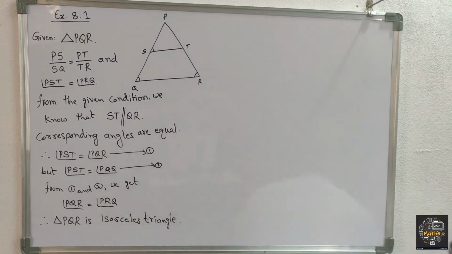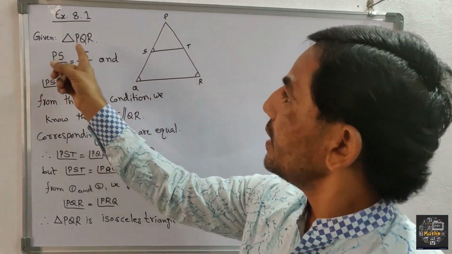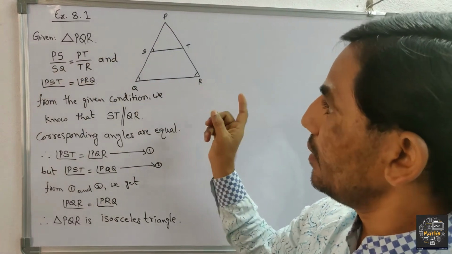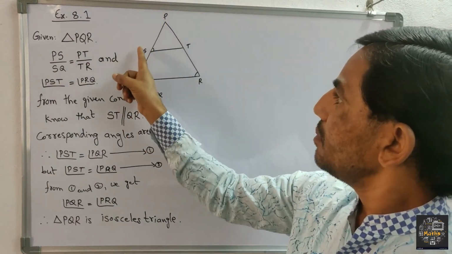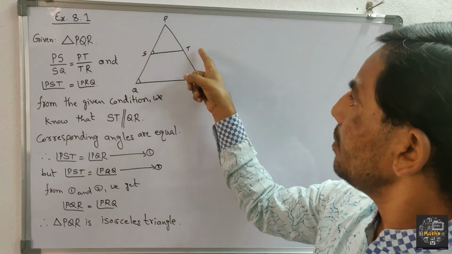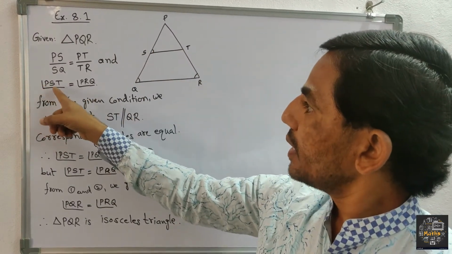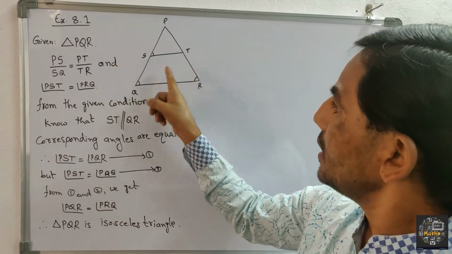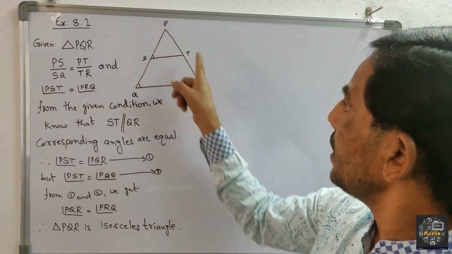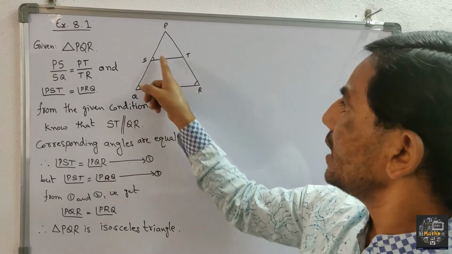Okay, so here given that triangle PQR is given, and also PS by SQ is equal to PT by TR, already given, and one more condition also, angle PST is equal to angle PRQ. These two angles are equal, already given.